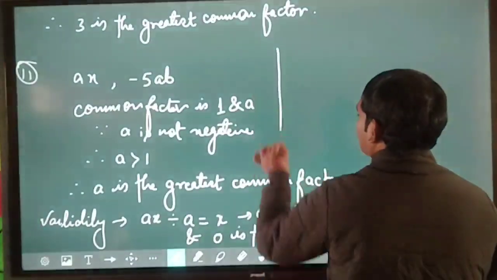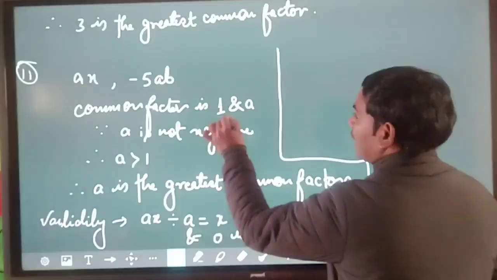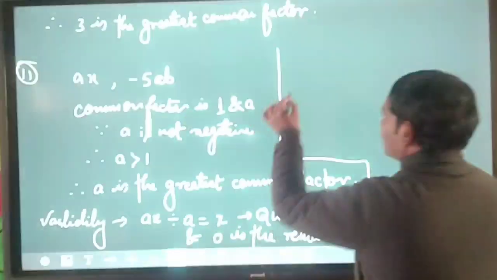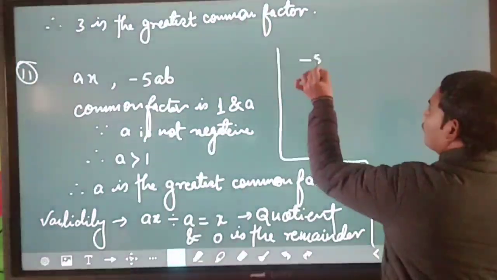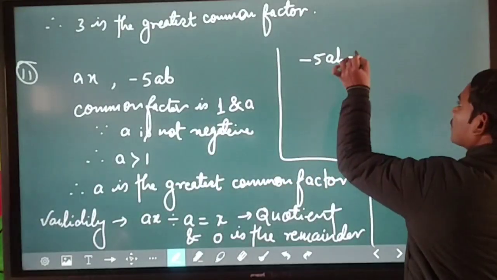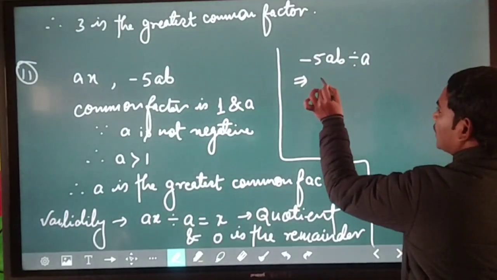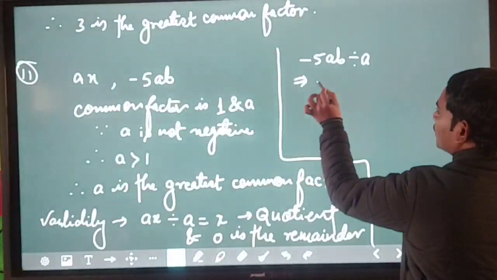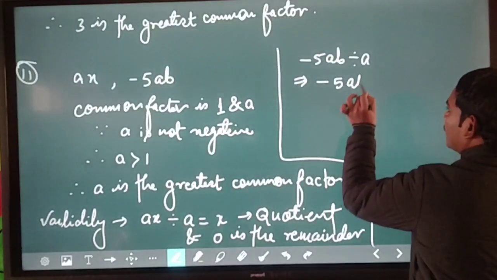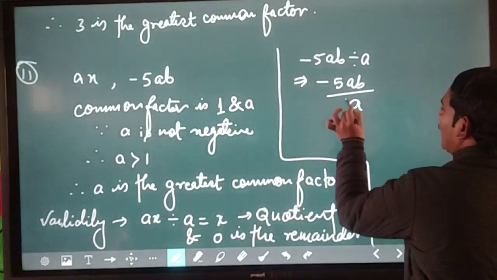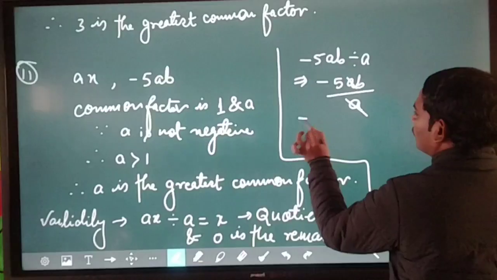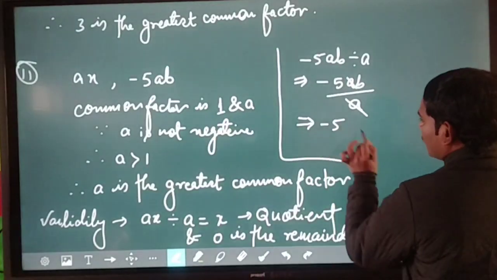Similarly, if we divide minus 5ab by a, we can write it as minus 5ab upon a, and this a gets cancelled out and we get minus 5b.